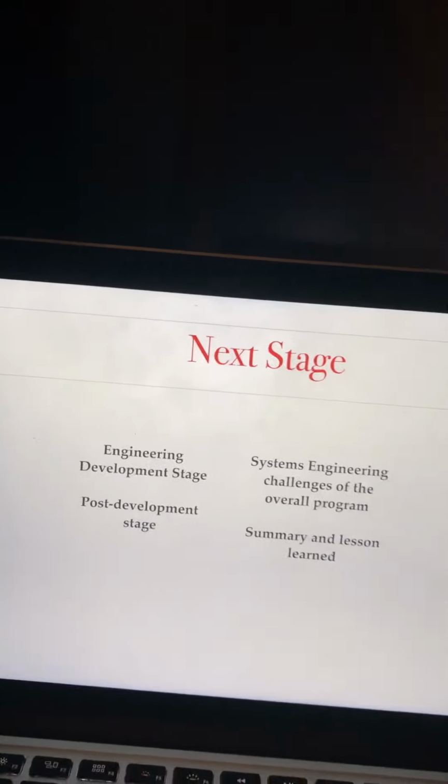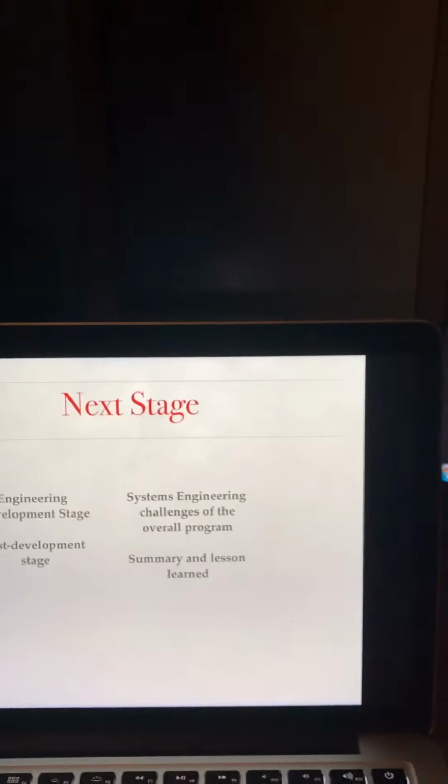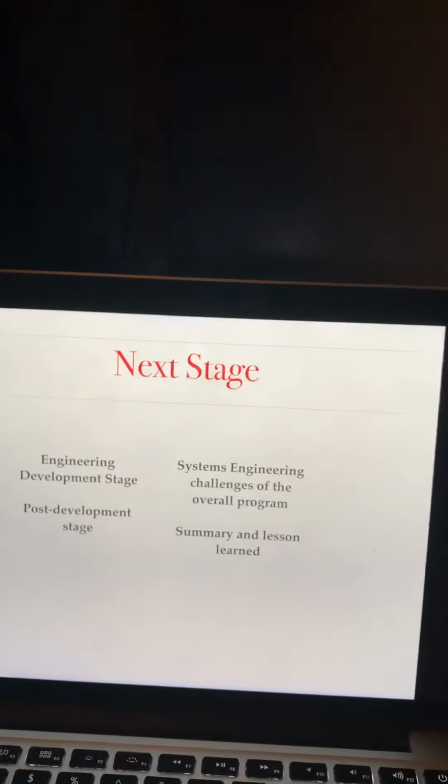So the next stage is the part that's going to elaborate a lot more on the detail of the system.